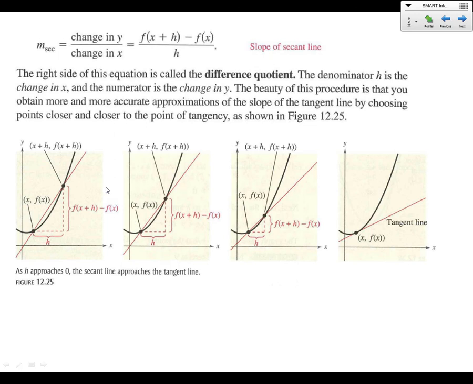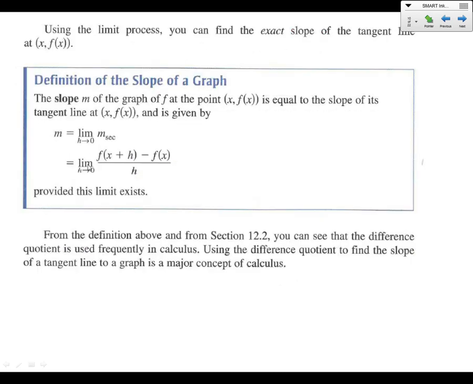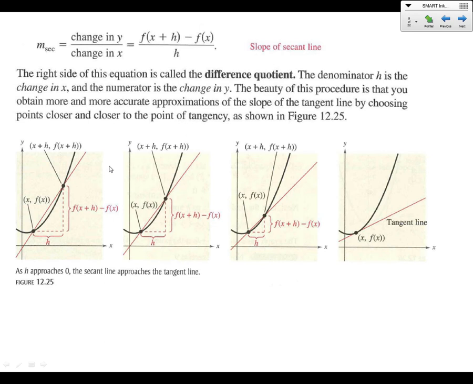Now, if we moved our secant line closer and closer and closer in until eventually it became the tangent line, we would get the tangent line. So what we're saying here is we're going to make the secant line shorter and shorter and shorter. That's the same thing as finding the limit as h approaches 0, the limit as the distance in x becomes smaller and smaller.